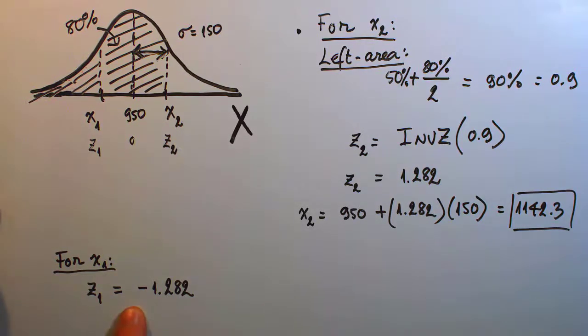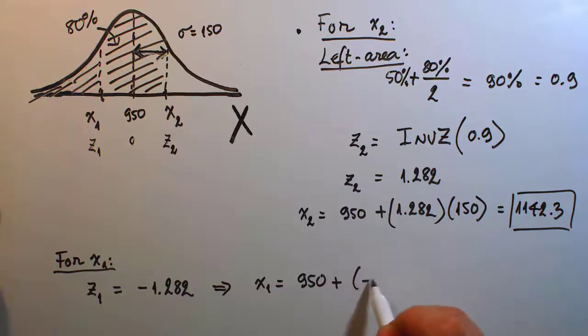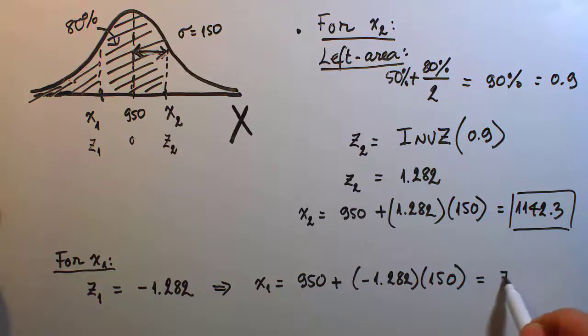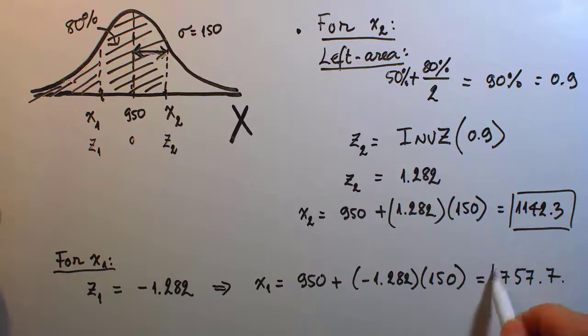And so now once we have z1 nailed down, then our x1 value will be found by the formula 950 plus the negative z-score we found, negative 1.282, multiplied with 150. And the calculation came out for that was 757.7.